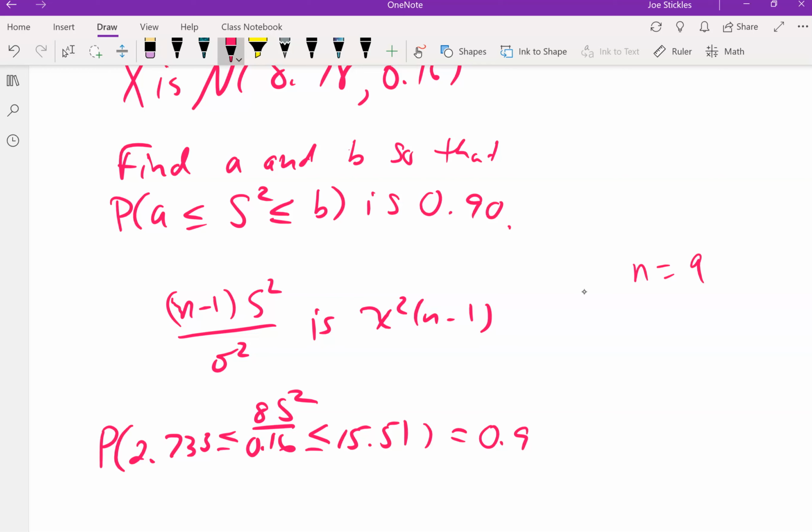Because 8 is n minus 1, and 0.16 is sigma squared. So then you would just need to solve for s squared. So we just picked the two numbers off the table, the 0.95 and the 0.05, because that was the way the problem was set up. They wanted two numbers, right, to be in between. I just had to adjust my s squared to be able to get it off the chi-squared table.